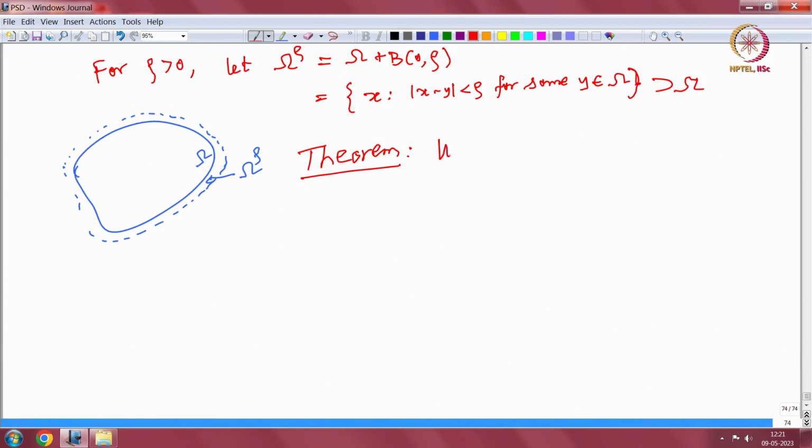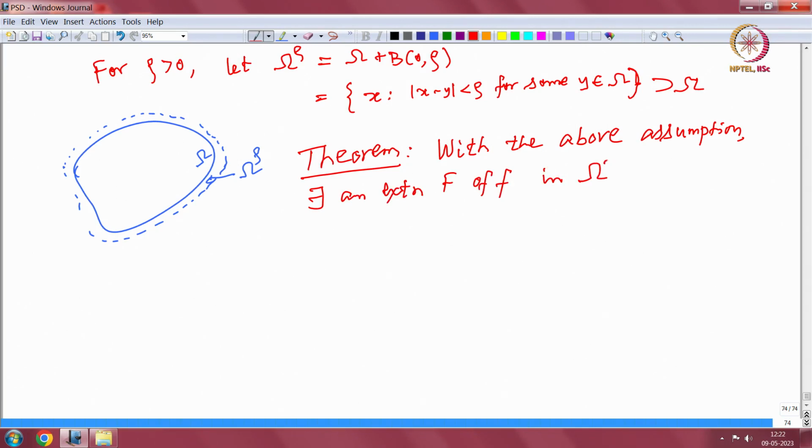So, with the above assumption, there exists an extension F of little f in omega rho for any rho positive.